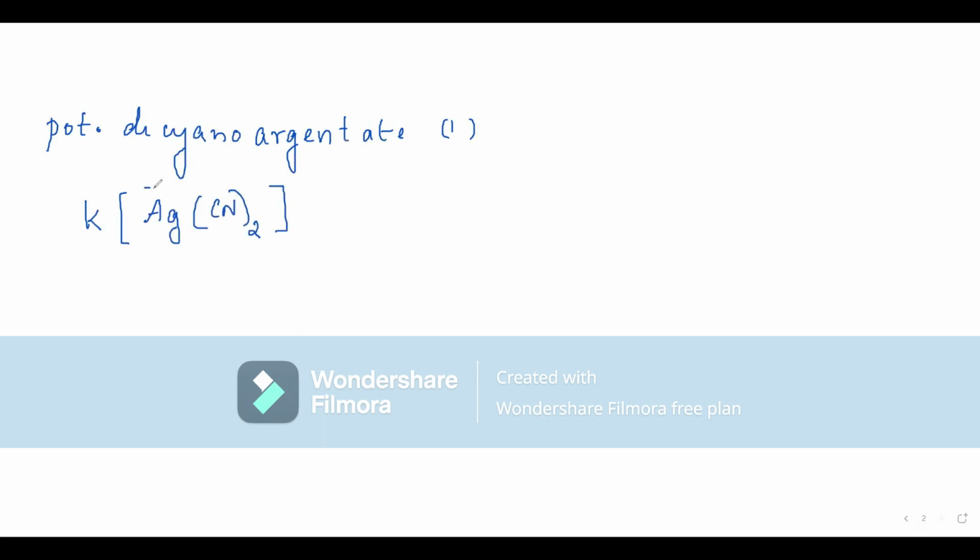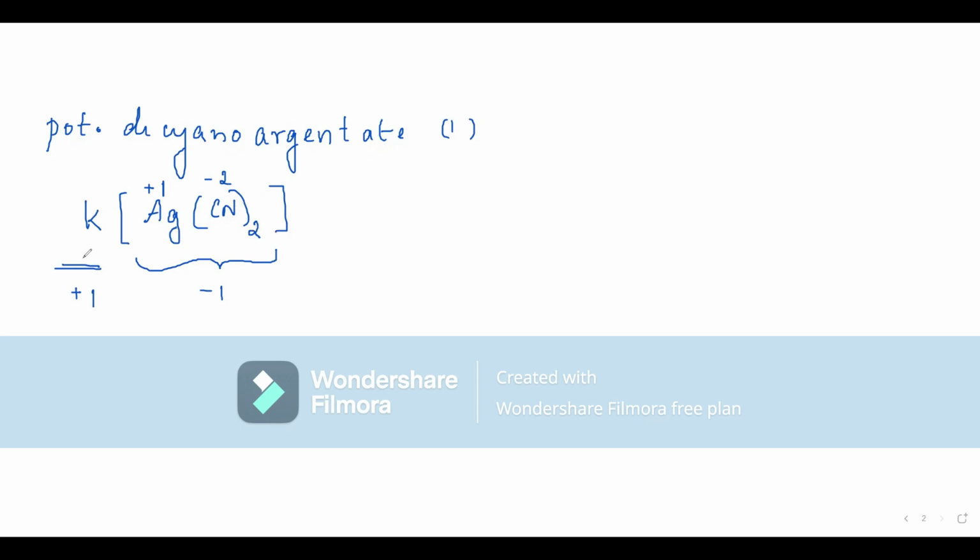Now, the charge on the metal is plus 1 because the charge given is 1 in Roman numeral. Plus 1, minus 1 into 2, minus 2. So the charge within the complex is minus 1. The charge outside the complex needs to be plus 1, and I have a potassium to show the plus 1 charge.